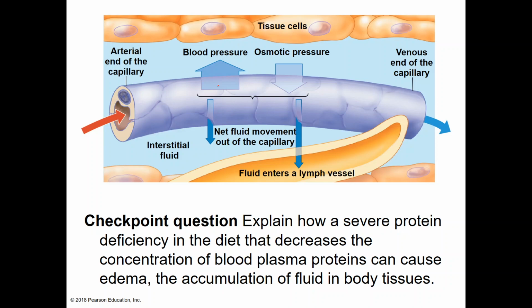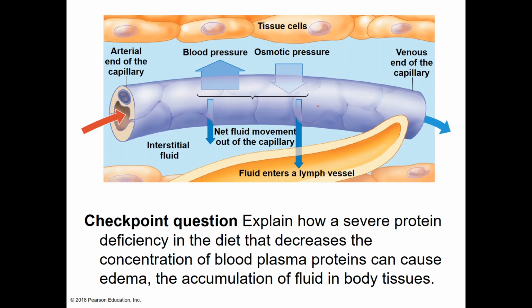And as we've talked about, the capillaries are where the transfer of substances occurs, right through the capillary walls. The capillaries are the only blood vessels with walls thin enough for substances to cross. Blood pressure is what forces fluid and small solutes out of the capillaries. And then there's osmotic pressure.